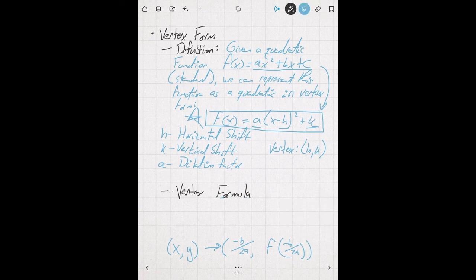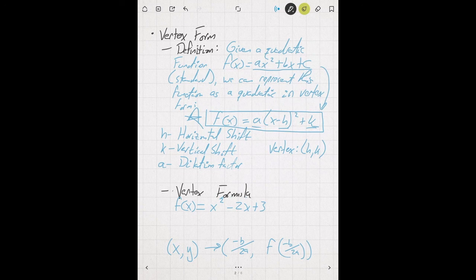So I'm going to leave the formula listed down below, but let's take the function f of x equals x squared minus 2x plus 3. And I'm going to change colors here. So this is in standard form, okay? The first thing we would say is, okay, how do I find the vertex?